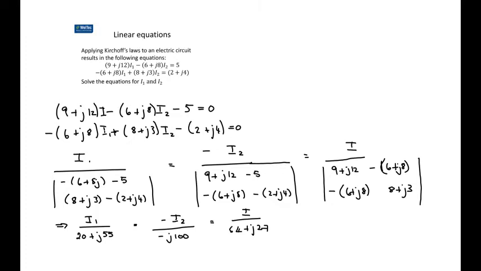From that we can find that I1 is equal to 20 plus j55 over 64 plus j27, and probably the easiest way to do that is to convert it to polar and then use polar division.